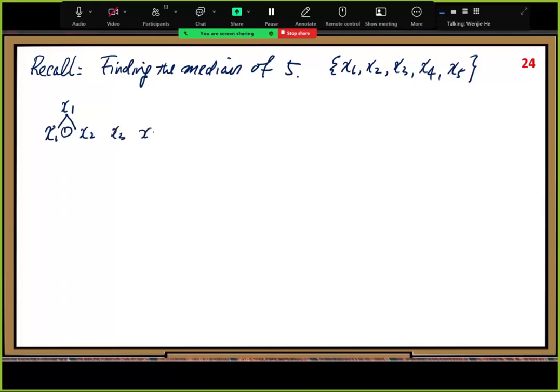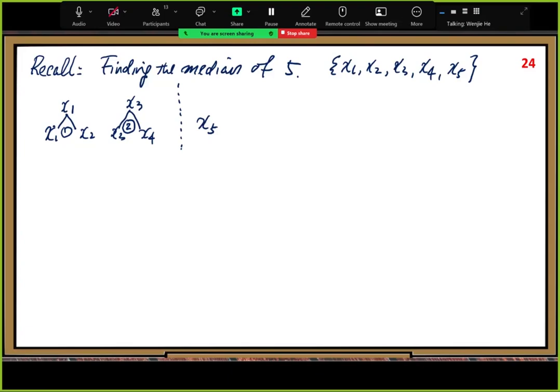Pair x3, x4; for the second comparison, the winner is x3. If you pay attention to the detail, when we run the first round of the tournament method, we leave x5 out of the tournament.